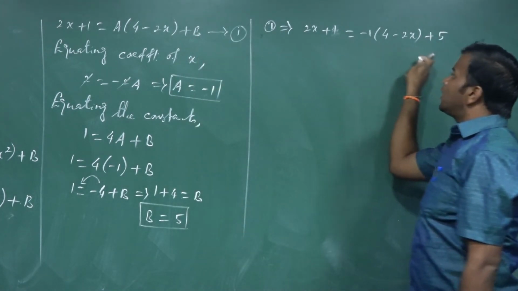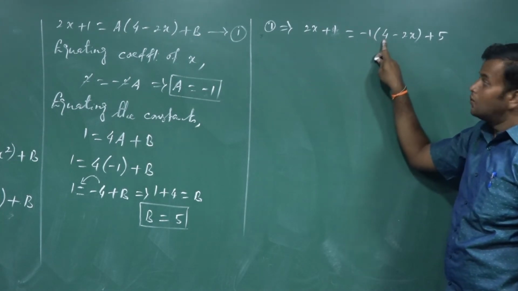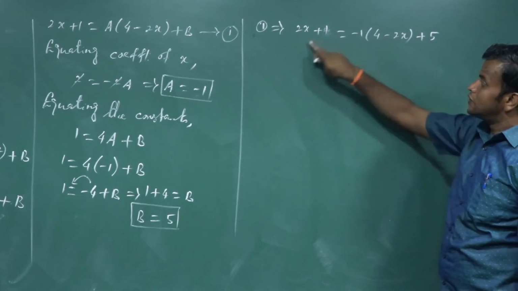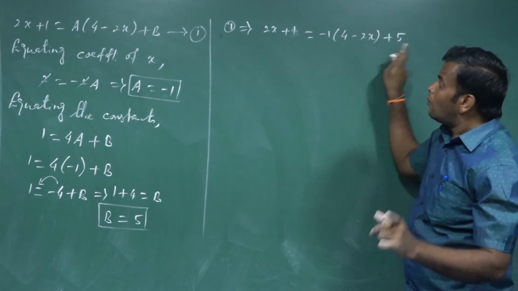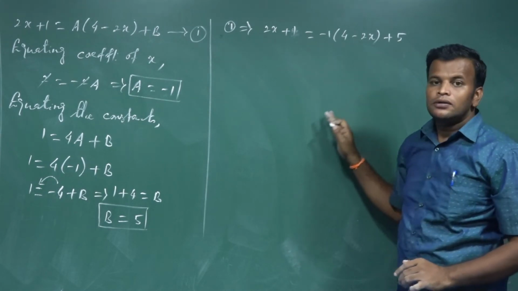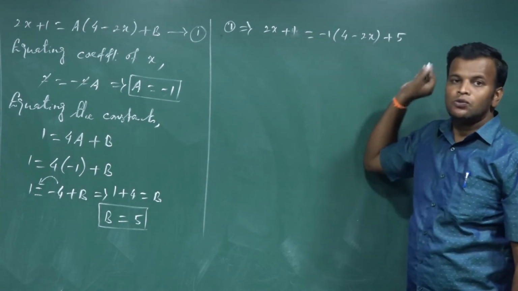You simplify that term, the exact term will come. You multiply inside minus 4. Minus and minus is plus 2x. Minus 4 plus 5 is plus 1. What is the reason to split the numerator? We come to one formula shape. That's why we simplify this.